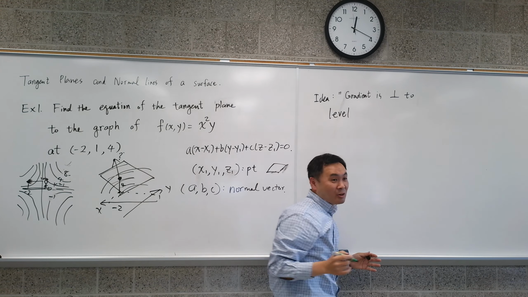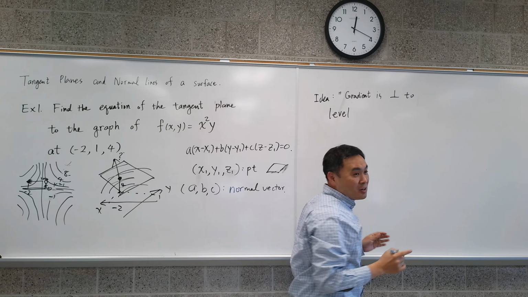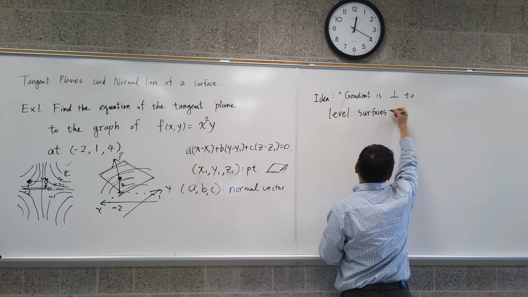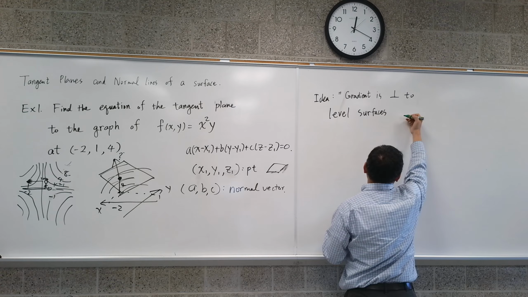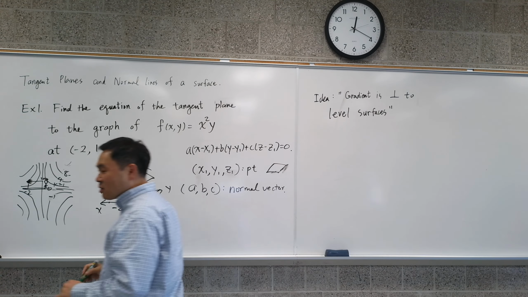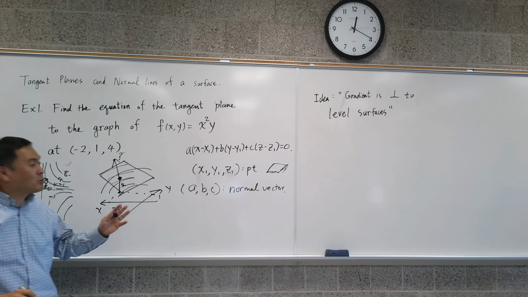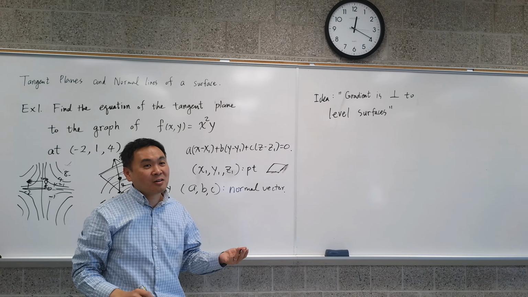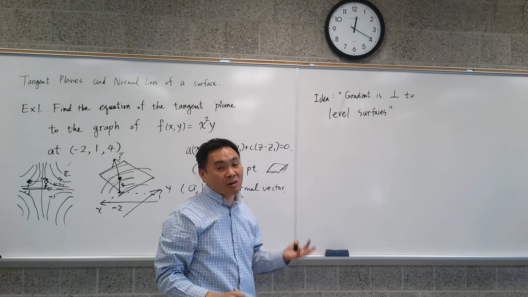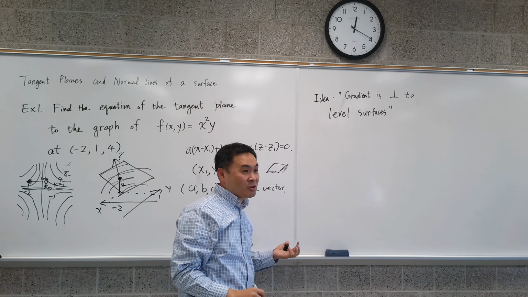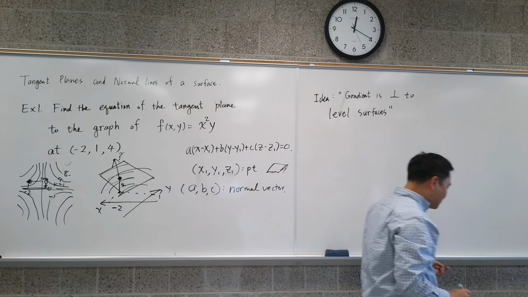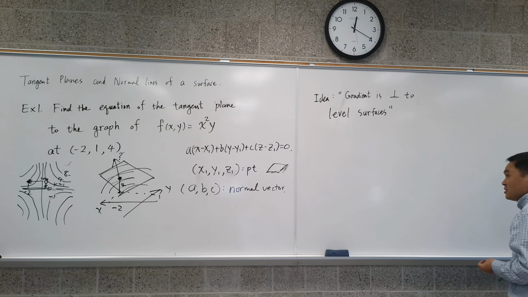But we also learned that gradient is perpendicular to level surfaces when? In 3D, right? So if you have a 3-variable function, then you don't have level curves, instead you have level surfaces. And gradient is perpendicular to those level surfaces.